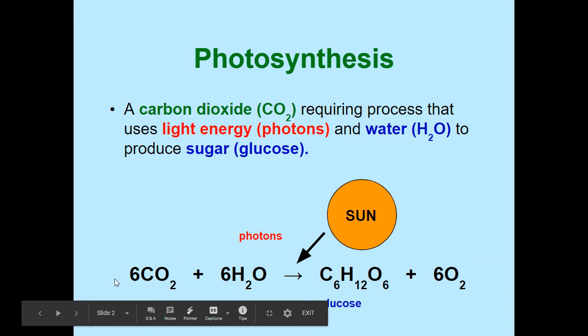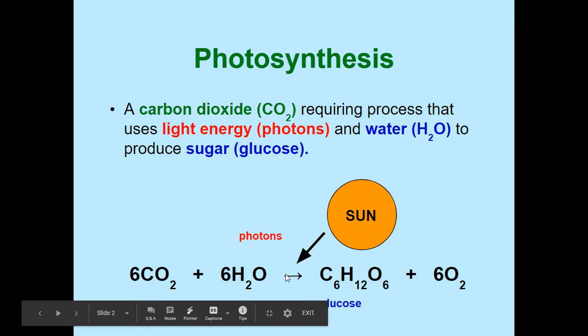Okay, so in this equation down here, we see that we have CO2, which is just carbon dioxide. This is the stuff that you breathe out when you're breathing. And we need water. We obviously know what liquid water is. And then we need the sun to provide energy to go through a reaction. That's what the arrow is about.